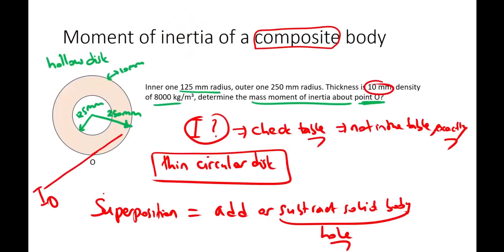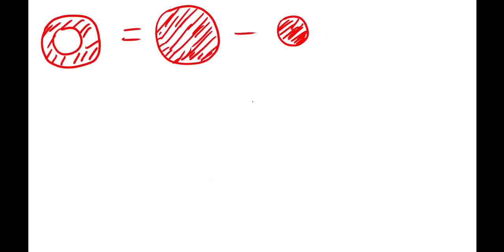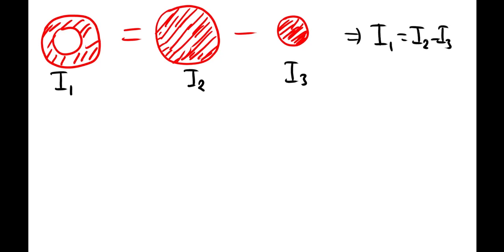We subtract when it is a whole. So this one will be I1 and this one will be I2 and then this one will be I3. So from here, I1 will be equal to I2 minus I3.